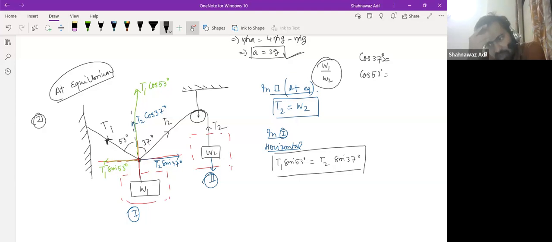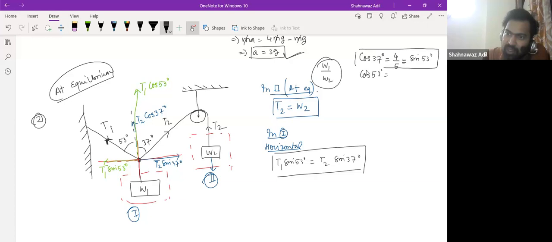Yes, cos 37 is 4 by 5, absolutely correct. And cos 53 is equal to sine 37, which is 3 by 5.